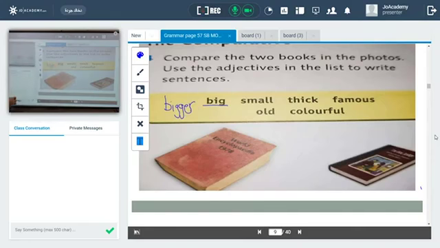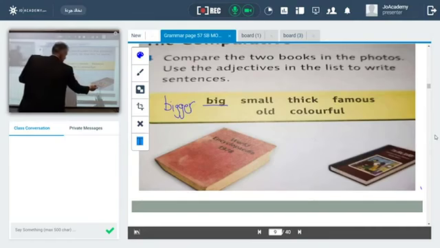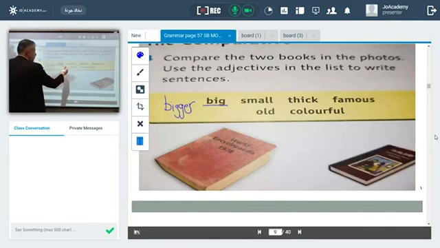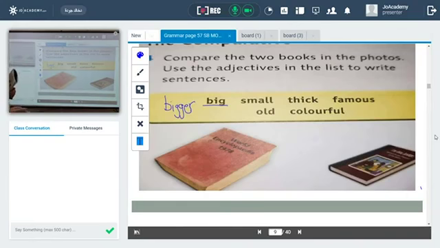Bigger. So the encyclopedia is bigger than the story. So if I want to write the same sentence, I say the story is smaller than the encyclopedia.